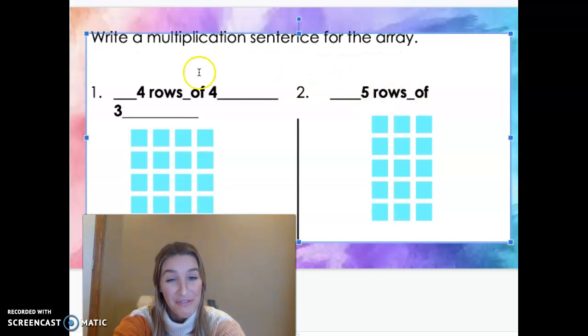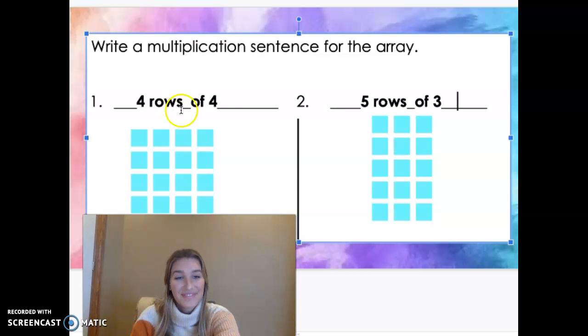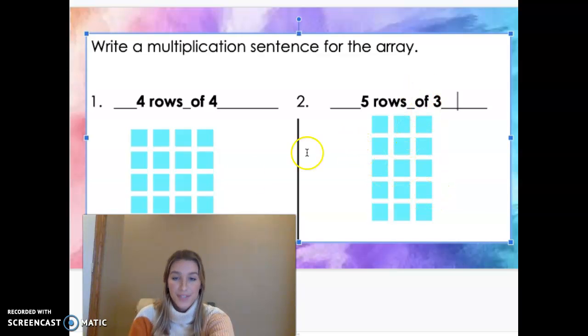You guys wrote down 3. I know you did. How do you know that? Can you explain it to me? Yep, so there's 1, 2, 3, 4, 5 rows, and in each row there's 1, 2, 3, or 3 columns. Good job, you guys.